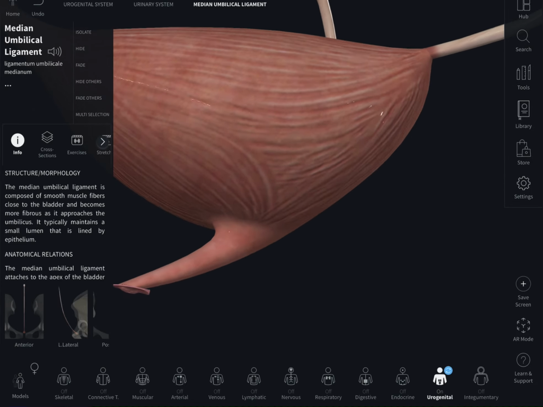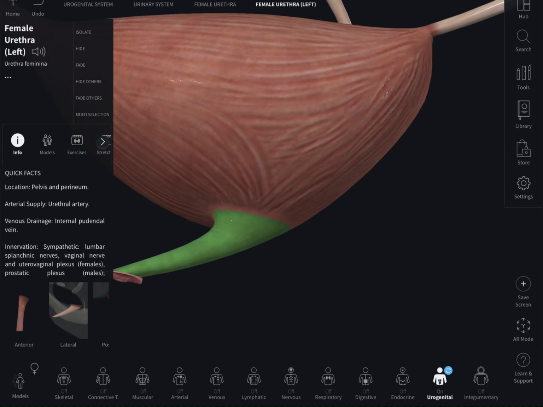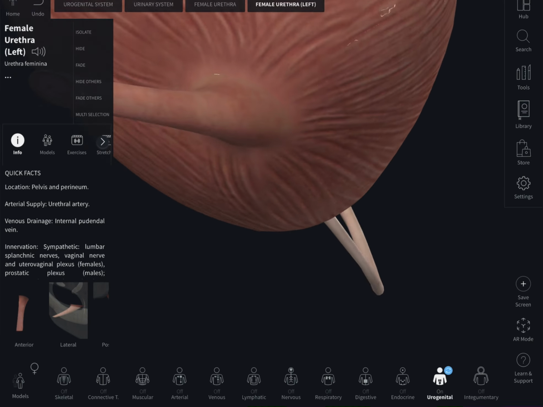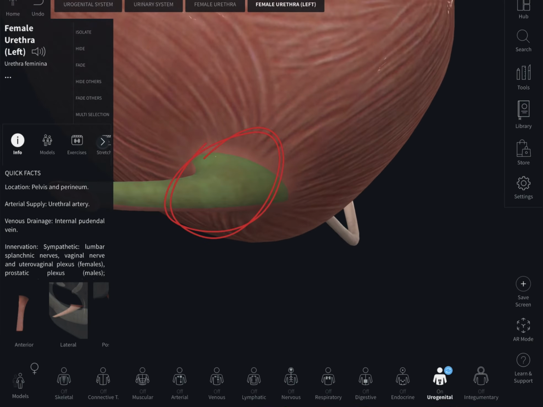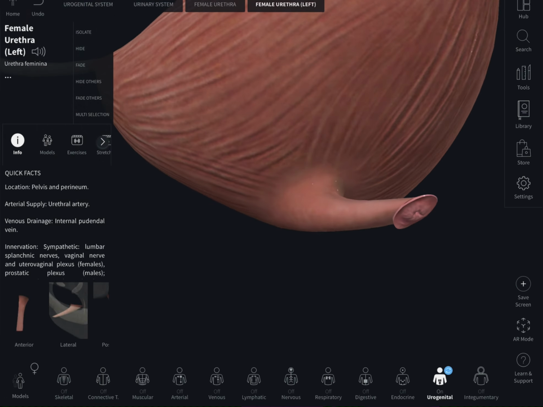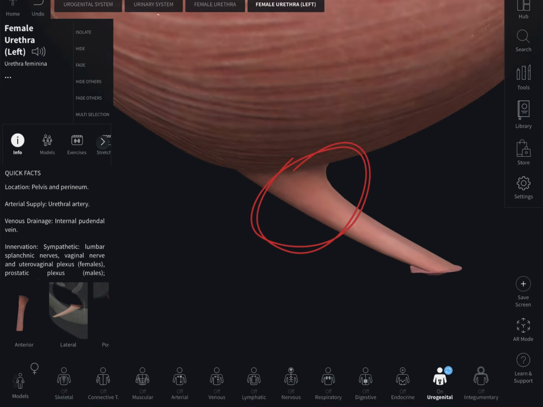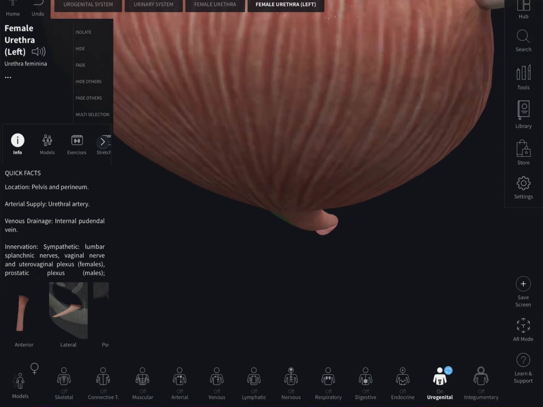Now the neck. Obviously the name suggests the neck is present below the urinary bladder. Here the green highlighted part which you can see, the neck is present over here. Okay, I hope it's clear.